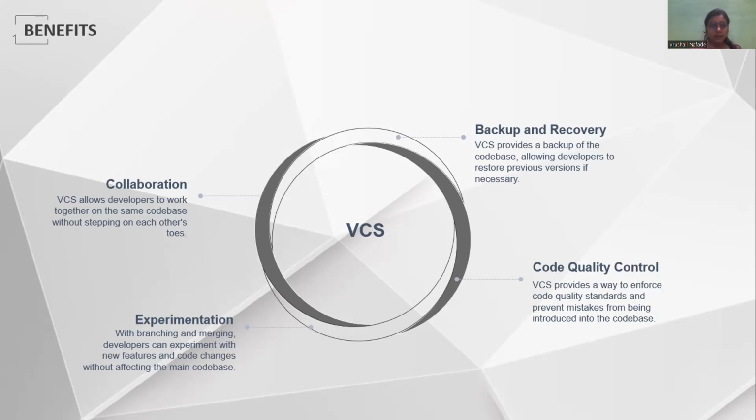Third is experimentation. With branching and merging, developers can experiment with new features and code changes without affecting the main code. And fourth is code quality control. VCS provides a way to enforce code quality standards and prevent mistakes from being introduced into the code base.